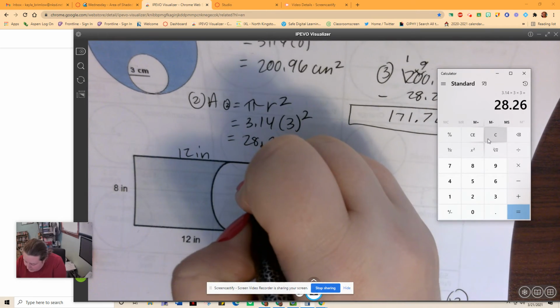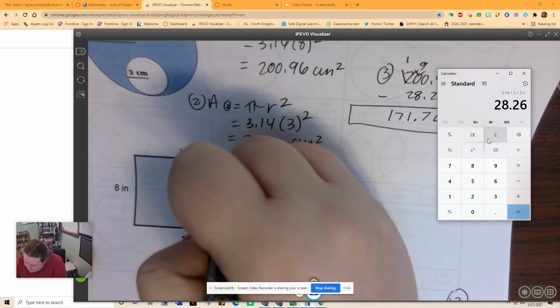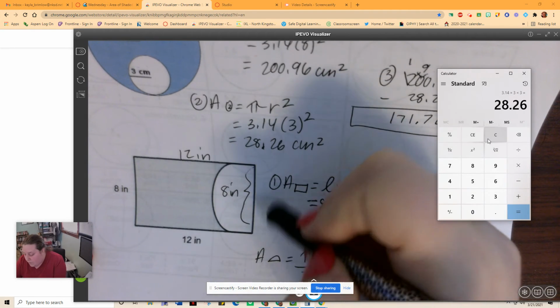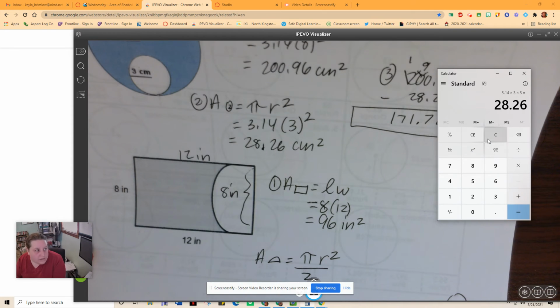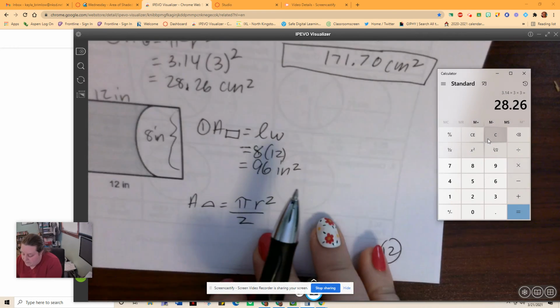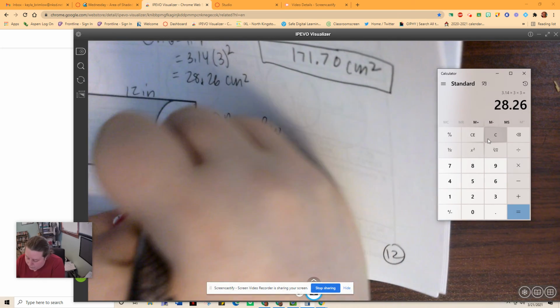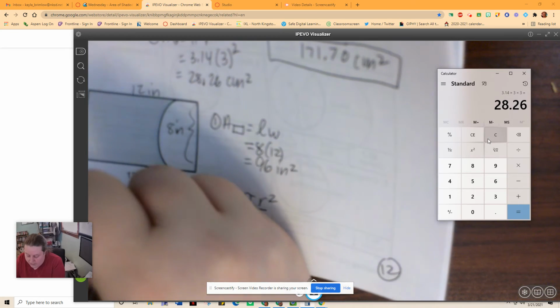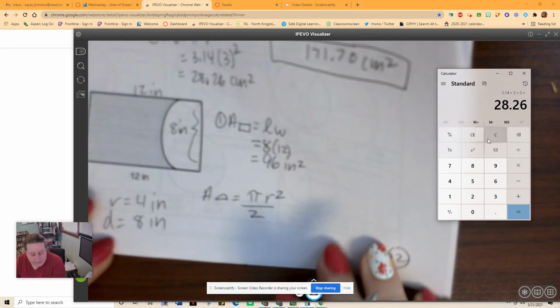The whole distance here is 8 inches, so the entire distance here is 8 inches, okay? So that does help me because now I know that the diameter or distance across this semicircle is 8 inches. However, I only need the radius, which is half the distance. So if the diameter is 8 inches, then my radius has to be 4 inches. Okay, so radius equals 4 inches, diameter is 8 inches.